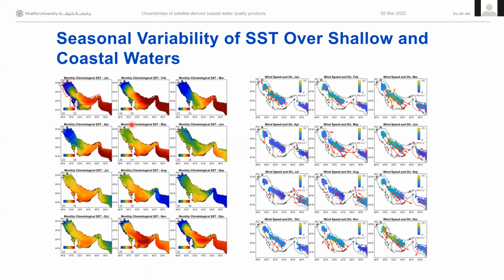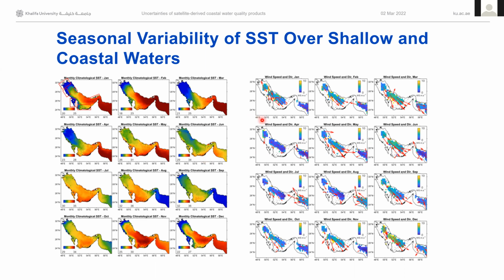Comparing the coastal area with the basin-wide area, the coastal area basically follows almost the same temperature as the basin-wide area, so it doesn't really get a lot of uncertainties compared to the basin-wide area in most places, except the coastal area near Qatar, which is always overestimating the temperature. However, the MODIS SST is doing well in deriving the SST at the coastal area.